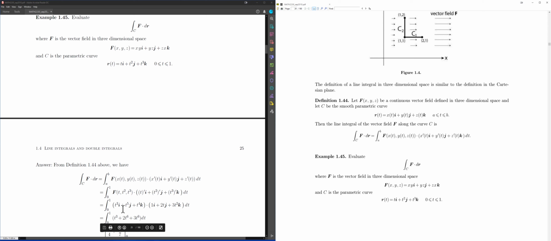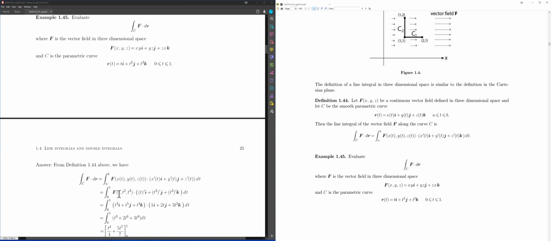Similarly for here, the z and the x, you're going to replace the z by t cubed and the x by t, so you'll get t cubed times t, which is t to the fourth. So this over here, when I replace the x by t, the y by t squared, and the z by t cubed, is what this expression means.